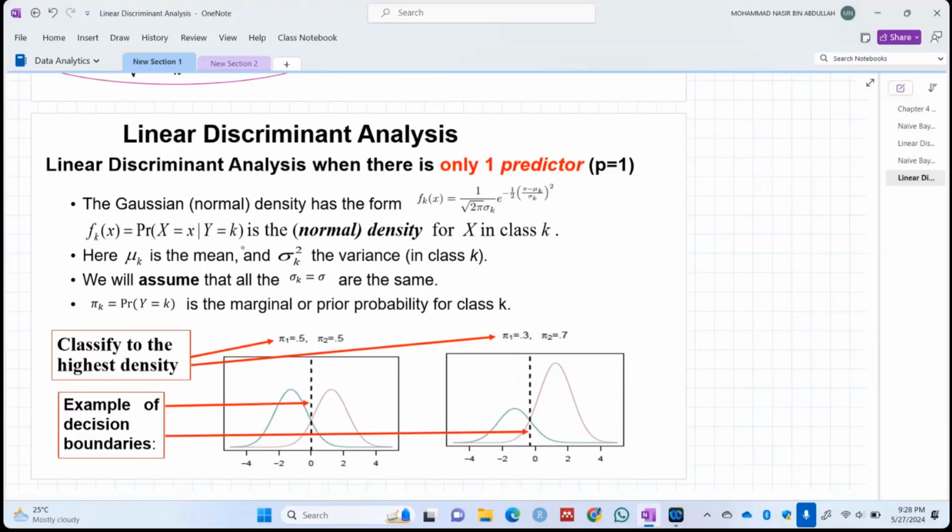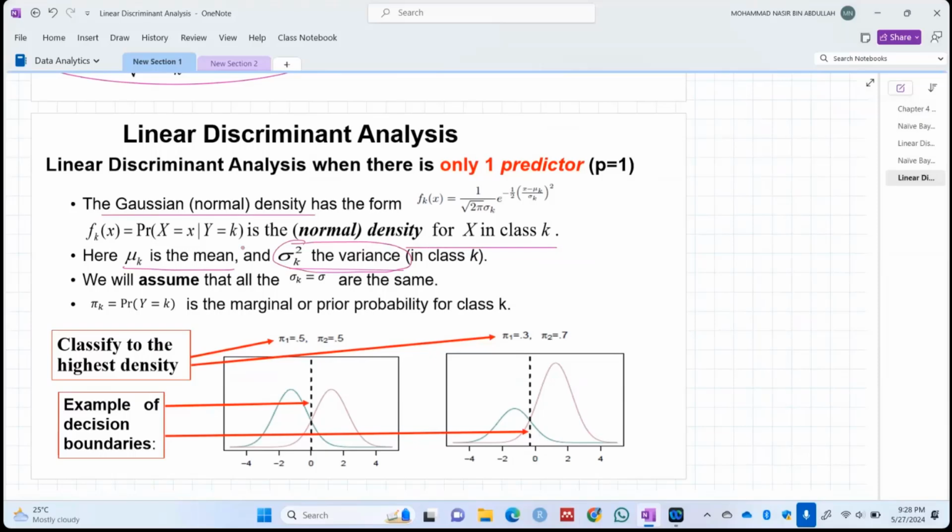So we assume the Gaussian distribution, and then we need to calculate the mean for each class. But the variance we should not calculate for each class because we already assume the variance for each class is equal. So we need to calculate the pooled variance or pooled standard deviation.